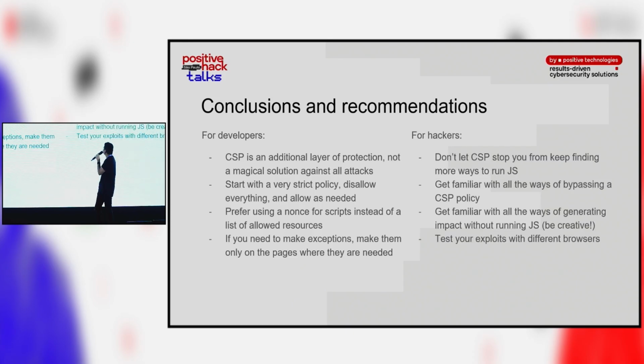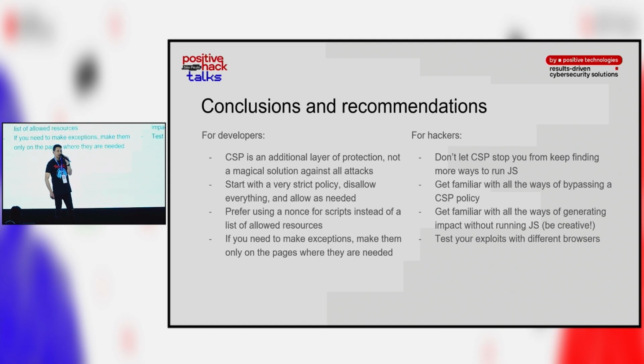And some recommendations for hackers: don't let the CSP policy stop you from finding more ways to run JavaScript. There are so many ways to bypass it, and for that, you need to get familiar with them, and also get familiar with ways to generate impact without running JavaScript, because there might be cases where you won't be able to bypass the CSP policy.